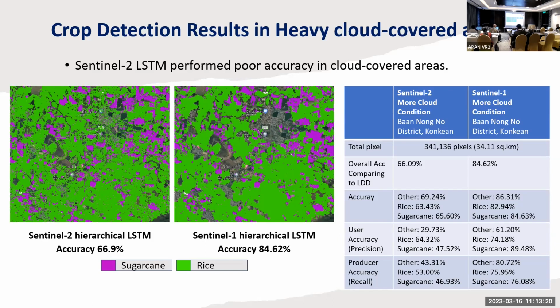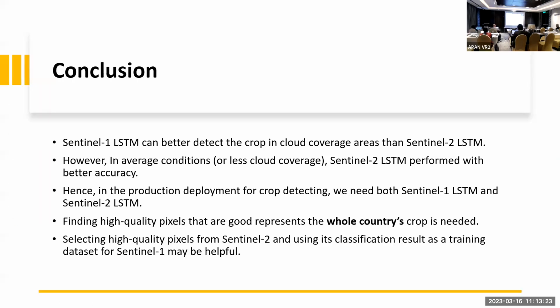So I think in my next report, if I have a chance at this event, I'm going to try to combine these two technologies together to have a good model, not just a hierarchical model, but a hybrid model of Sentinel-1 and Sentinel-2, which could yield high accuracy for Thai major crops.